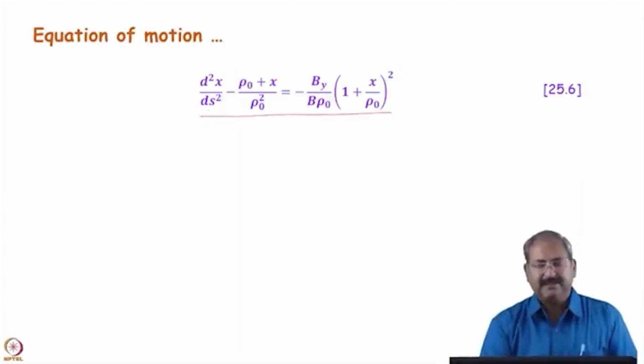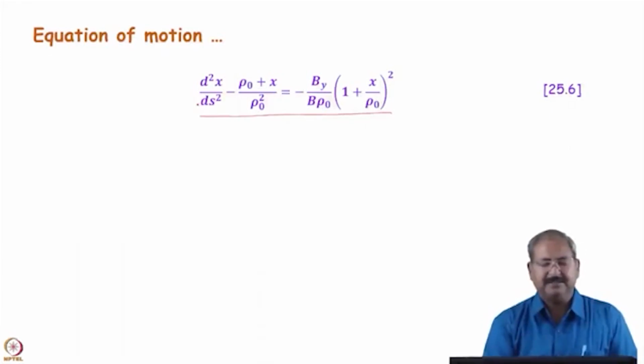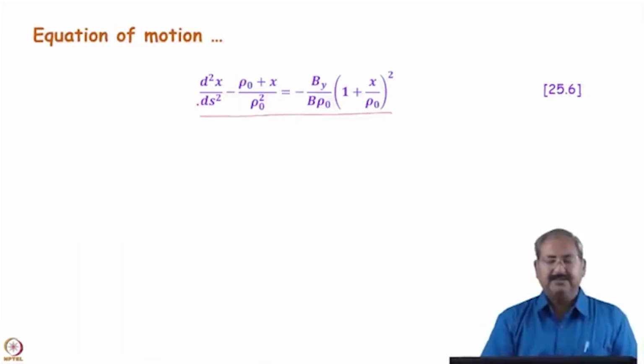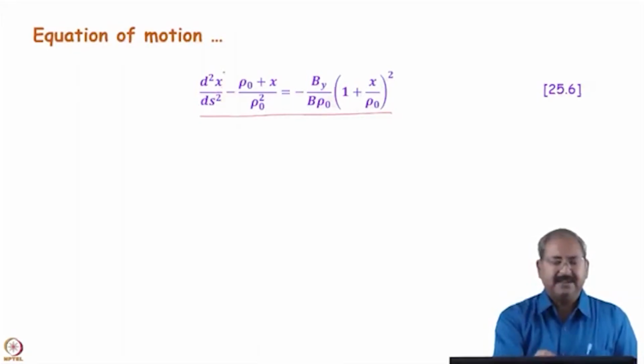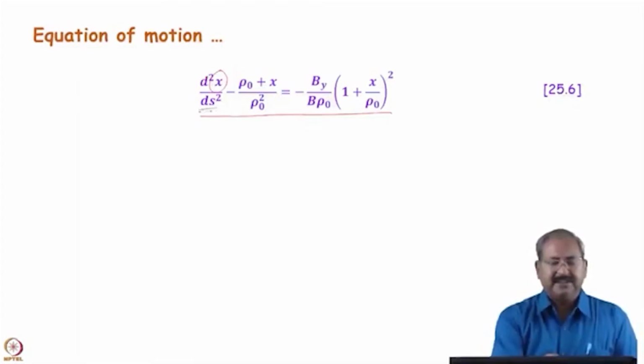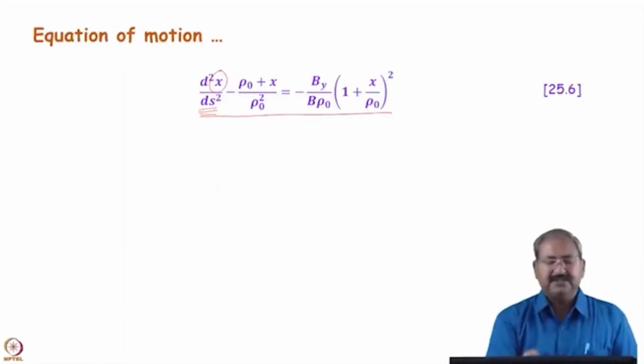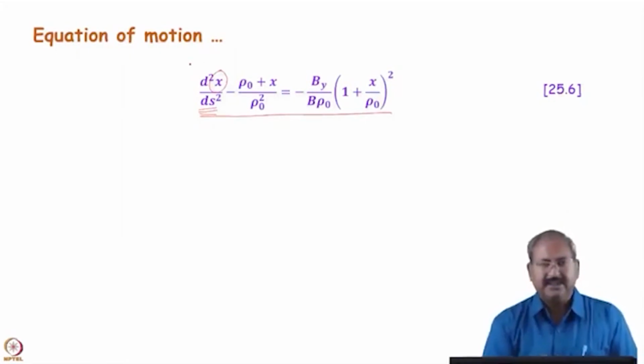This is left as an exercise for all of you, that you have to derive this expression using the last step. So now you can see d2x by ds square, where x is in our accelerator coordinate system. It shows the distance from the design trajectory. We are differentiating it with respect to the path length of the design trajectory. So this equation is now in the accelerator coordinate system.